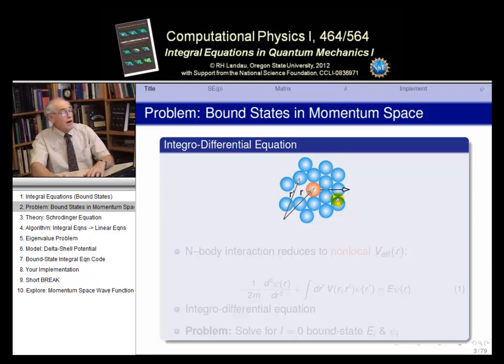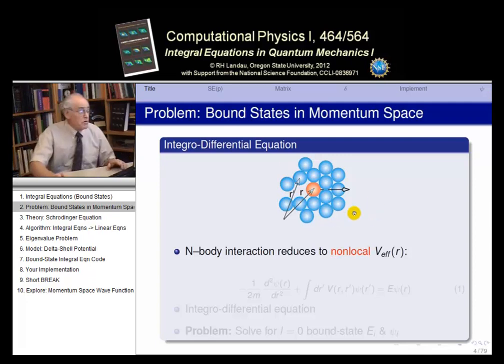It's passing amongst these other many bodies. And if you try to describe this by a simple Schroedinger equation for just one particle here, the red particle, interacting with some potential, the potential you get is not the ordinary kind of potential. It's not a fundamental potential. It's an effective potential. And it turns out to be a non-local potential. And so that's why we have to go to momentum space.